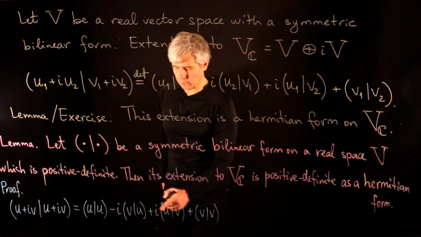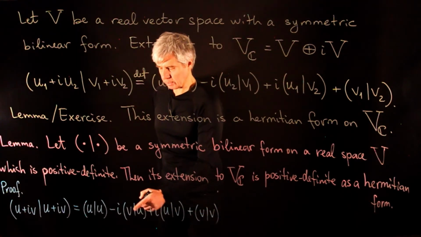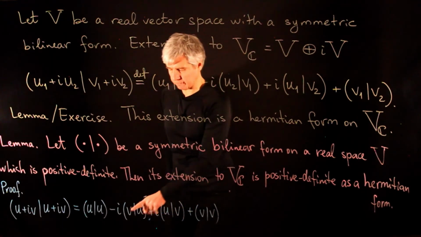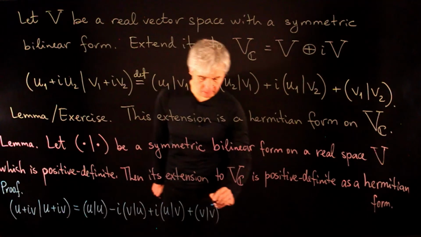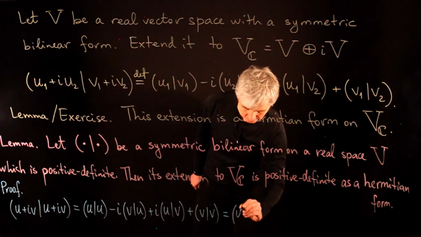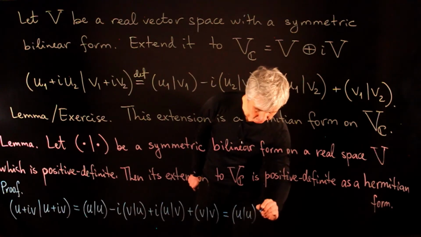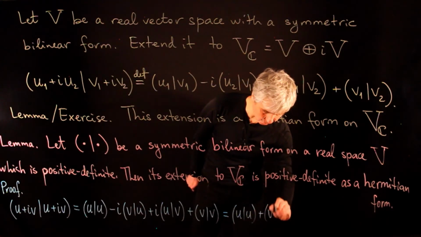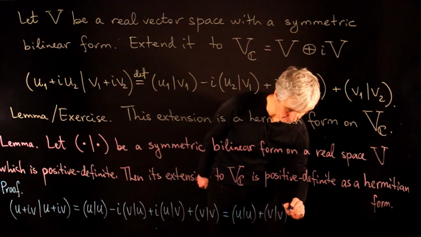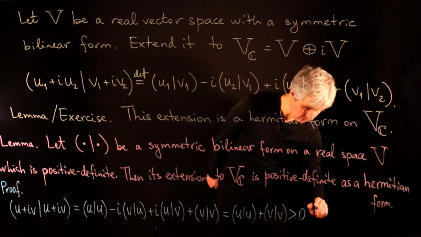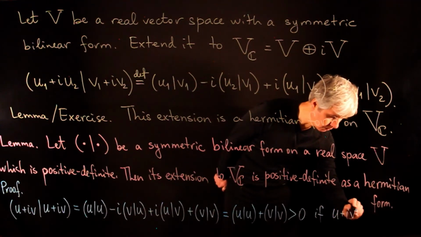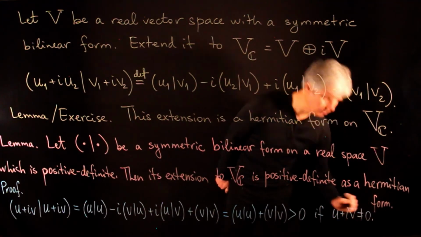And so here we have a real symmetric bilinear form. So this means that uv and vu is the same. And then the middle terms will cancel, and we get u with u plus v with v. And we see that this is positive if this vector u plus iv is a non-zero vector.